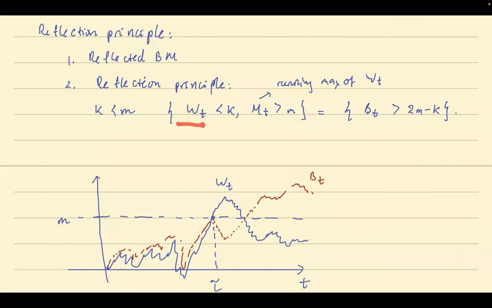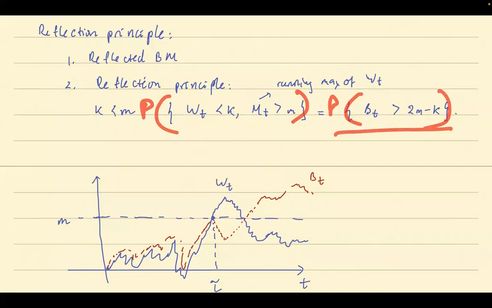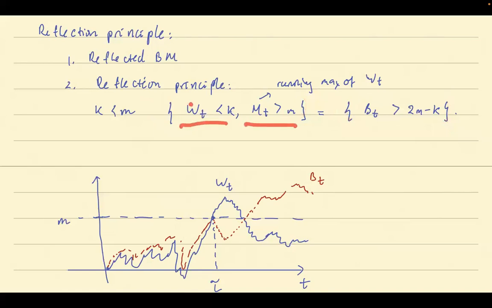If you have something like this, then what you're having is the joint distribution of Brownian motion and its own running max, the joint event. If these two events are true, then you can write probabilities are equal, because if the two events are the same, the probability they're happening is the same. So this is like the joint event of Brownian motion and its own running max.